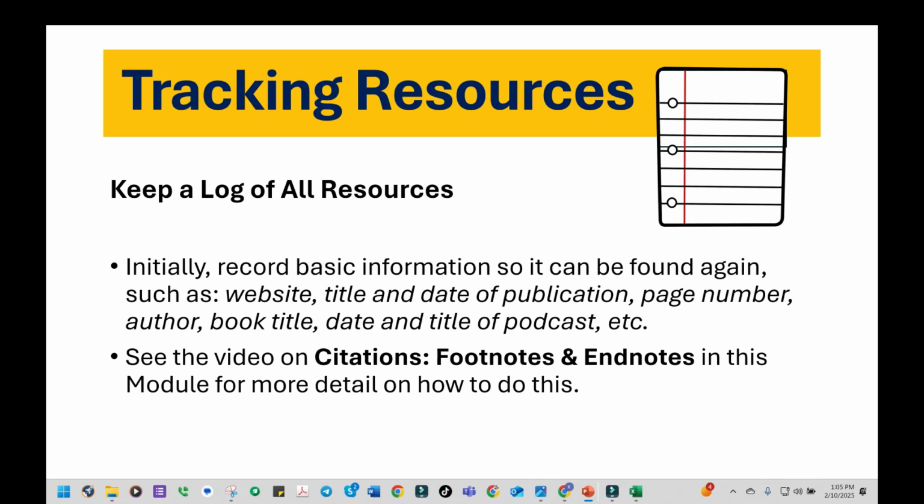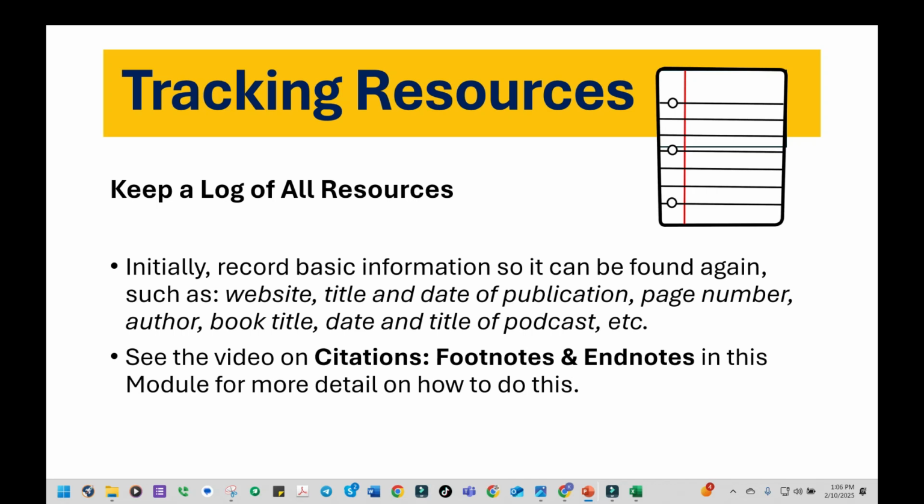Write down some basic information, because if you want to go back and look at that information again, or you decide that you are going to be using it in your book, then you do need to create a citation. And there's certain information that you are going to need to create that footnote or endnote. And if you don't write it down, when it comes time to create those notes, you could be finding yourself in a position where you don't remember where you found that source, where you found that information.